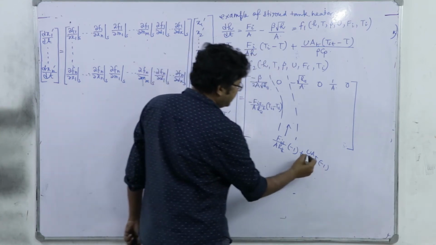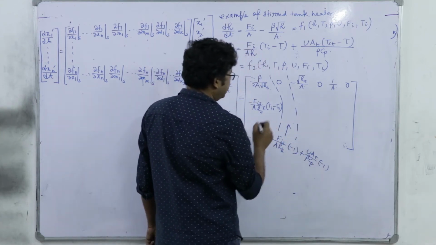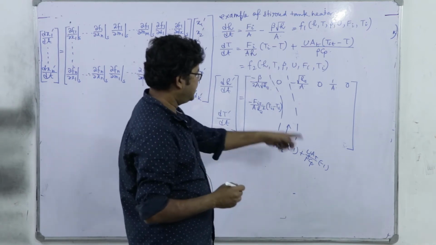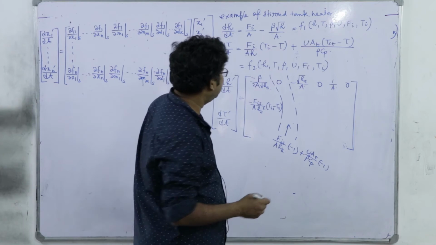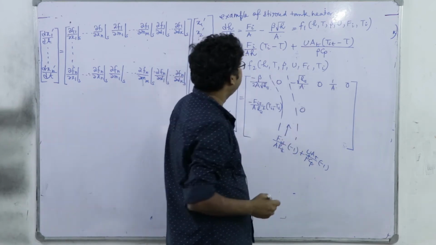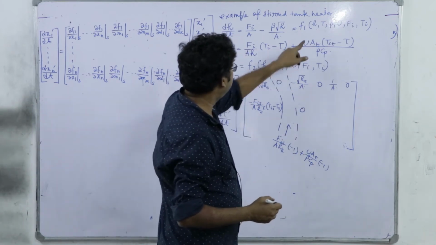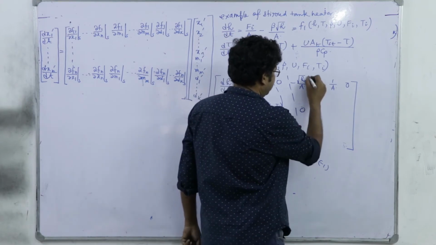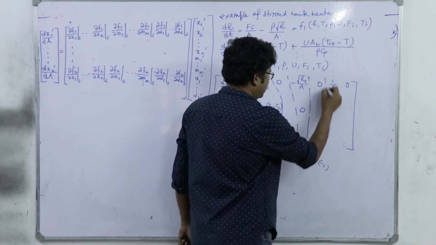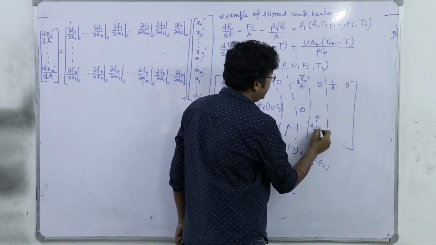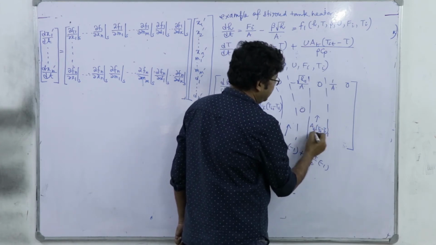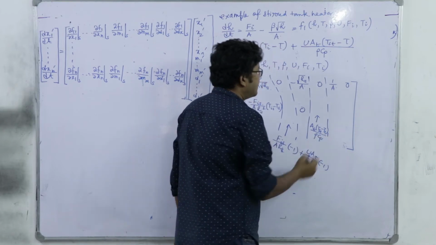So that's the derivative here. Everything is evaluated at steady state. Now derivative with respect to beta, that's 0. Derivative with respect to U, here it will be At into Tst minus Ts divided by rho Cp.